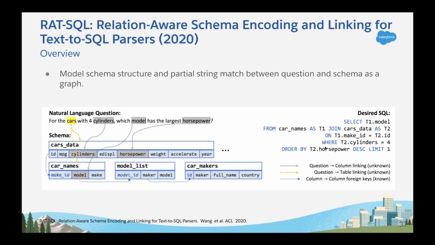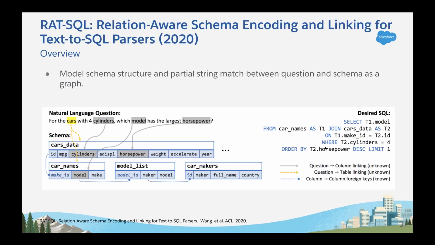For example, in the question, the word cars can partially match the names of tables like car data, car name, and car makers. So that is important information. And also, the word cylinder can align with the column cylinders in the car's data. Those relations are very important when we generate the SQL queries.